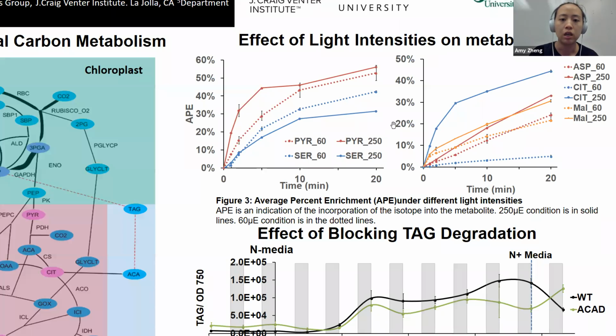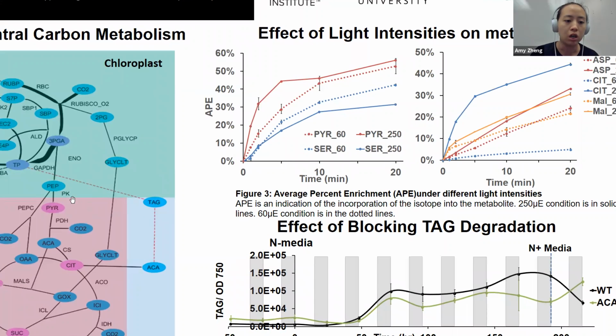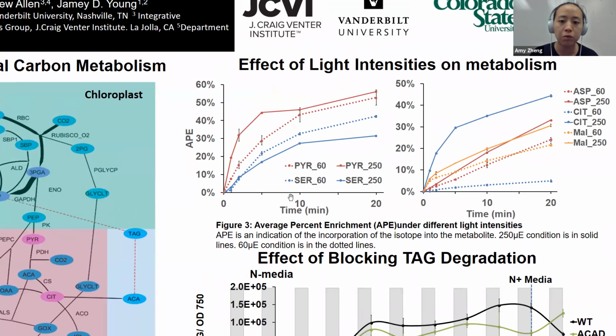And so what we can also see from pyruvate and serine, which pyruvate's over here, and serine is part of the photorespiration pathway, which gets labeled faster than the TCA cycle. We can see that pyruvate for both cases is about the same, which means that incorporation is similar for both cases. But when we look at serine, we can see that the lower light intensity case has more labeling than the higher light intensity.